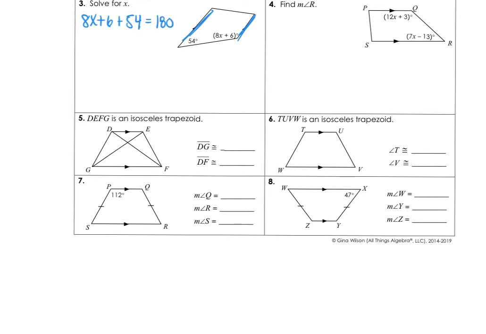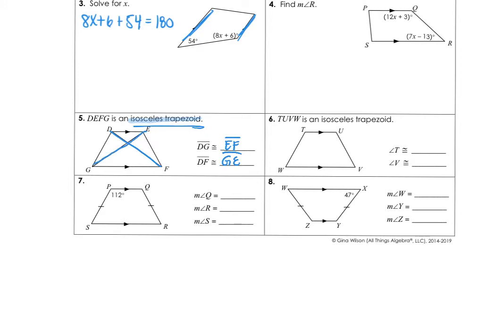Now we're looking at 5 and 7 here. Specifically, they are isosceles trapezoids. So we have to remember everything that was just said about isosceles trapezoids. DG is congruent to EF since given isosceles trapezoid. And DF is congruent to GE since given isosceles trapezoid. Diagonals are congruent.